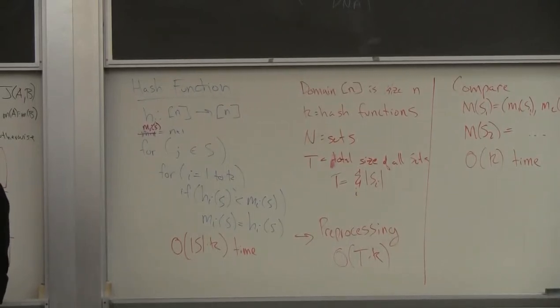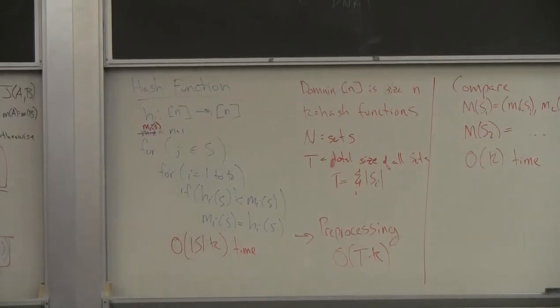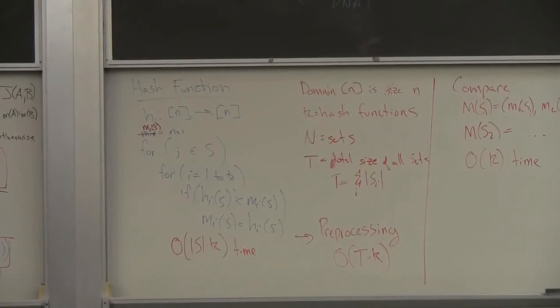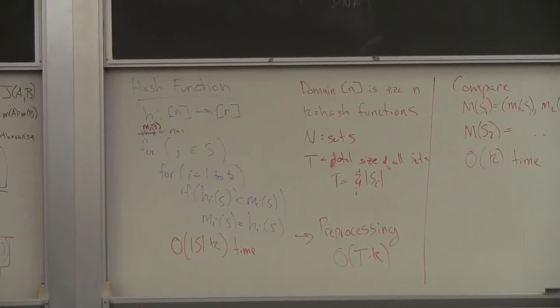One of those is going to be the highest in the permutation order. In this case, the highest is going to be 6. If this is in set 4, then this is going to be the m value for set 4, and set 2 is going to have an m value corresponding with 3, which is much lower. They're not going to be the same.